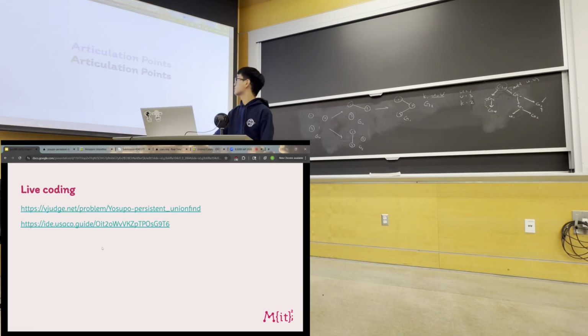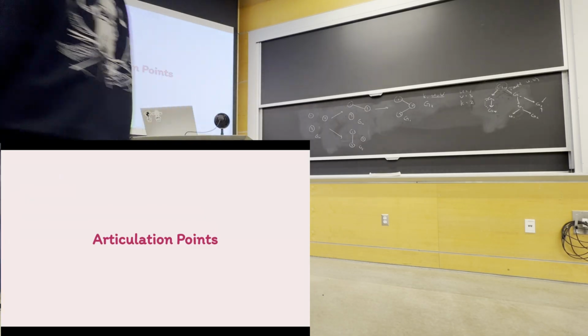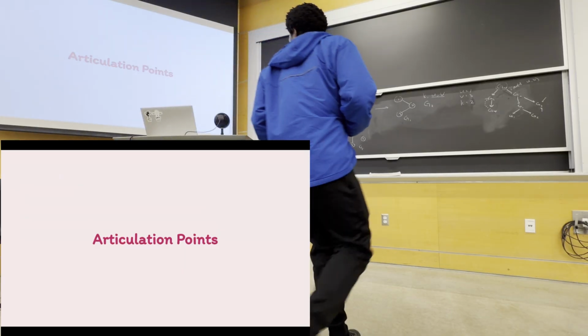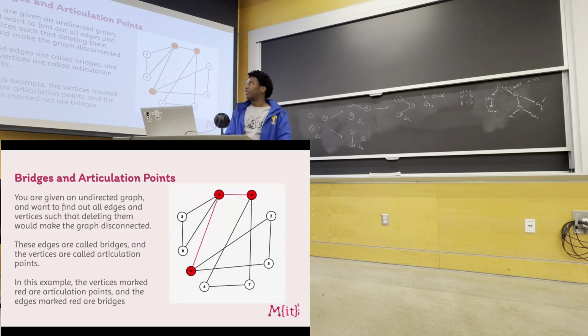And finally, we'll quickly cover articulation points. The idea of the problem is that if you have a connected graph, then you have things called articulation points, and you also have bridges.